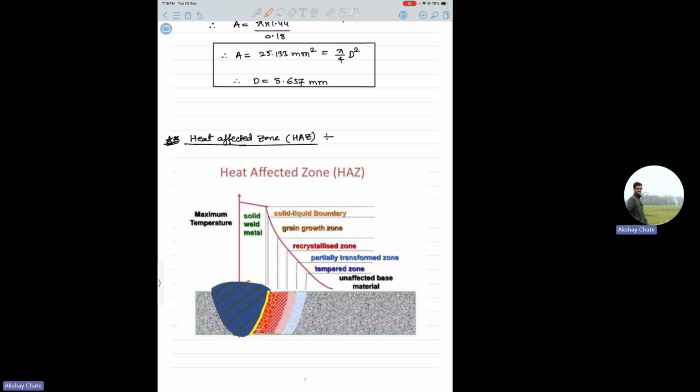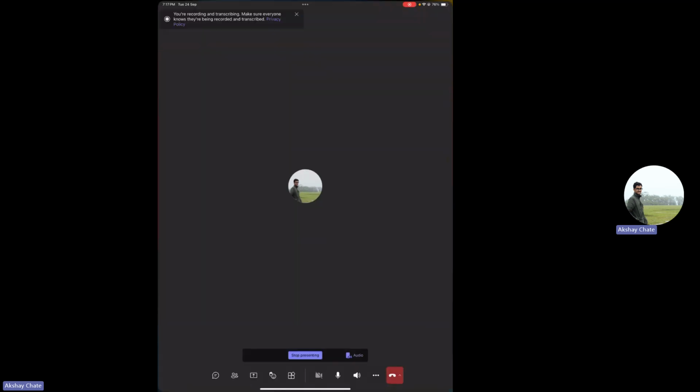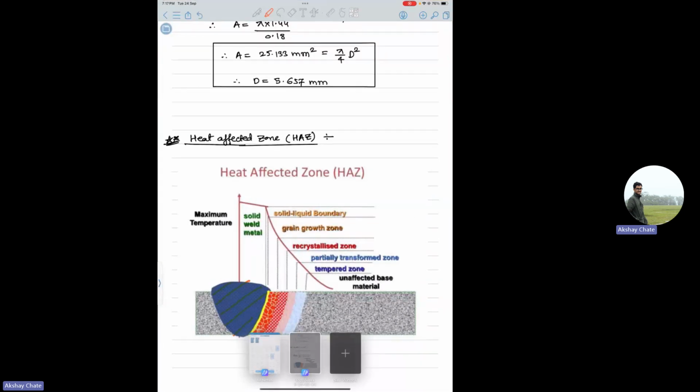If you are filler, one second. Screen is shared, right? Yeah. Why am I not visible? One second.